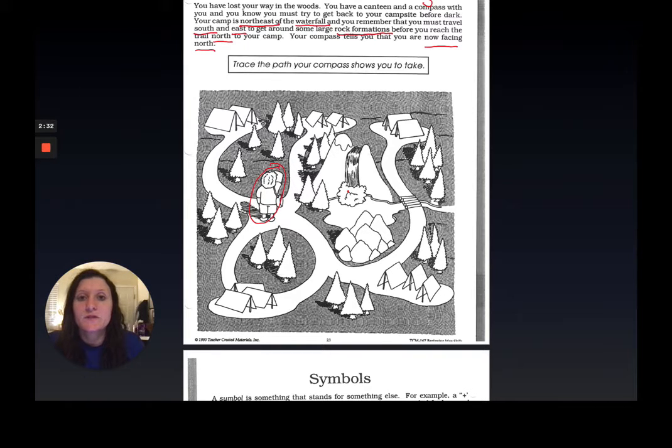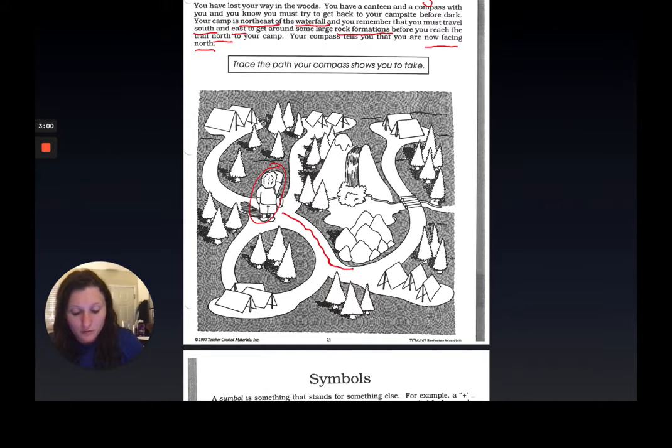And then it says you remember that you must travel south and east. So remember south is going down and east is going to the right. So we know this way isn't correct. So we know we're going to start going this way because we're passing the waterfall. And then remember it also says we have to get around some large rock formations before you reach the trail north to your camp.